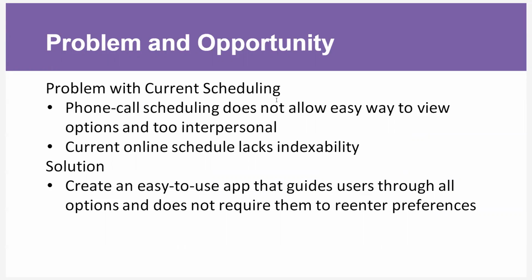So the problem with their current solution for scheduling was that people were calling in and having phone calls and scheduling appointments that way, and it was a little too personal, a little out of the way. They didn't have a good way of putting that data into something that they could look at afterwards.